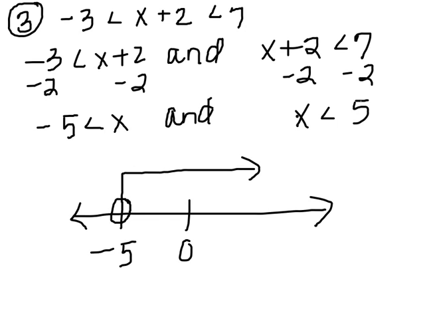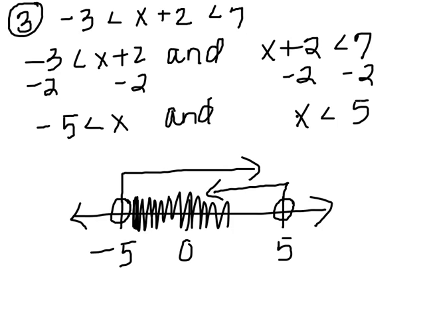So now, from the other side, when we read it, we're going to put at 5 an open circle, and it reads x is less than 5. Less than 5 shades to the left. So now, because it's an and problem, we are going to shade between negative 5 and 5.